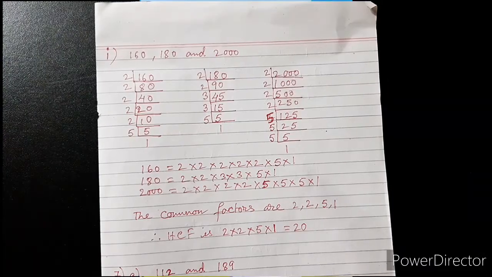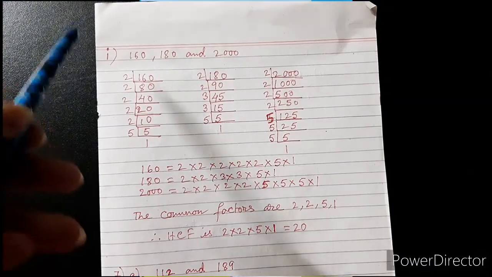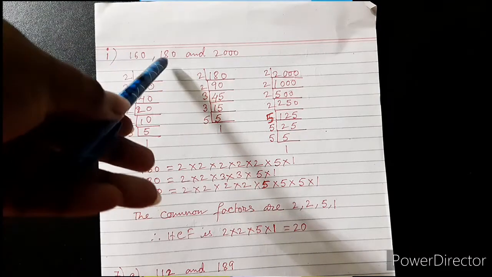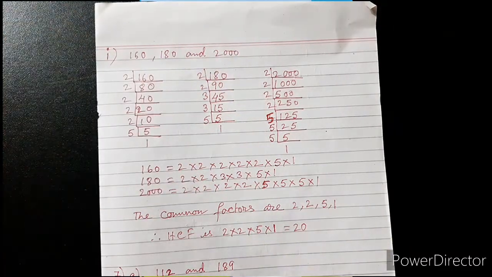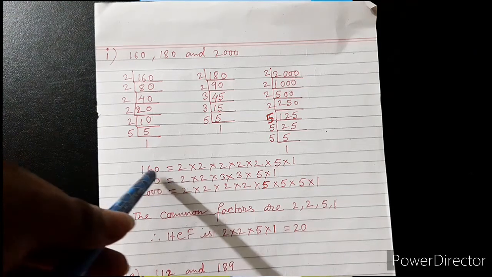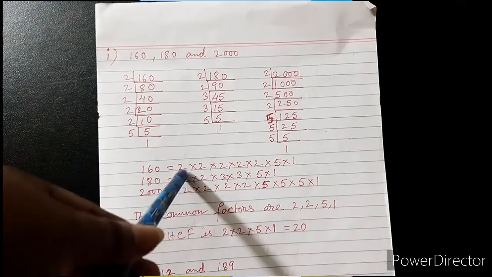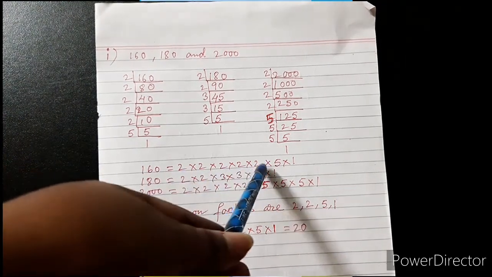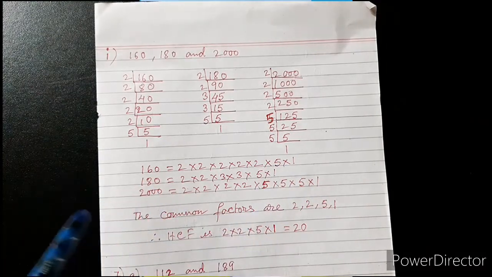Sum number 6I. Find the HCF of 160, 180 and 2000. Again we have to find the factors of these three numbers by prime factor method. So the factors of 160 are 2 into 2 into 2 into 2 into 2 into 5 into 1.